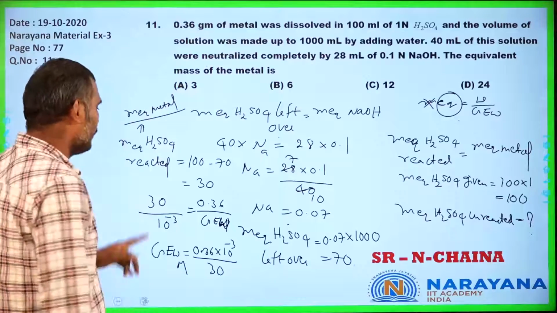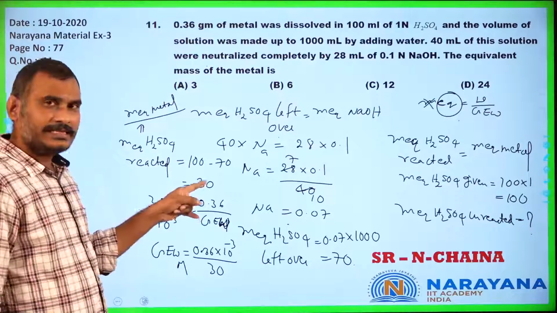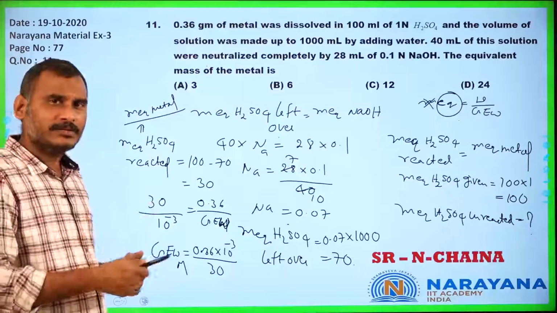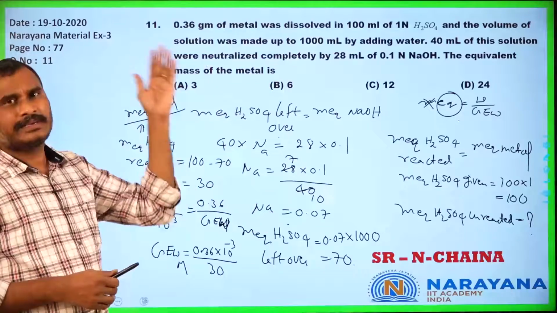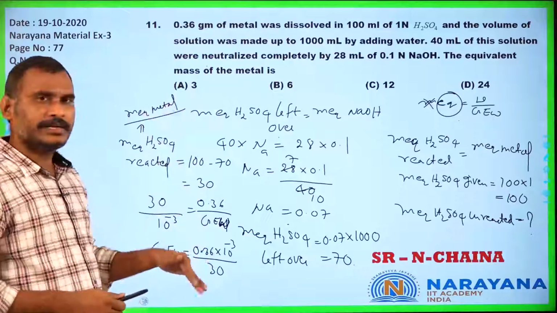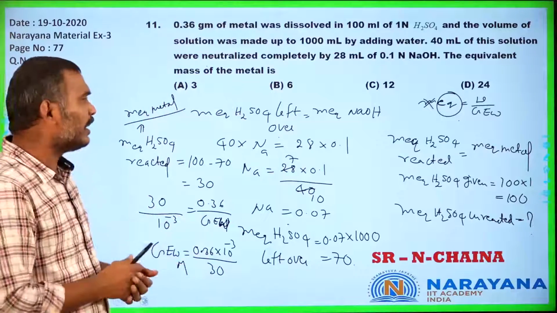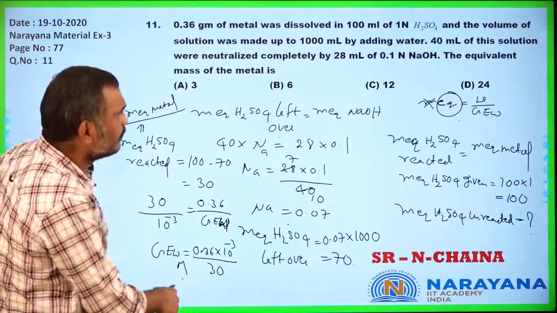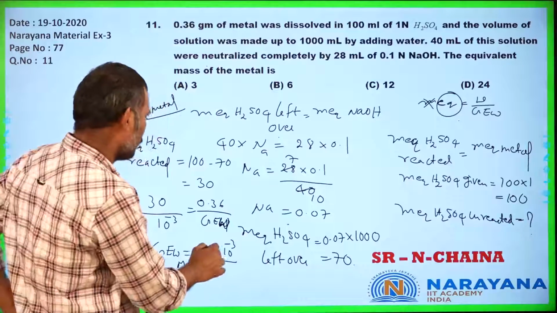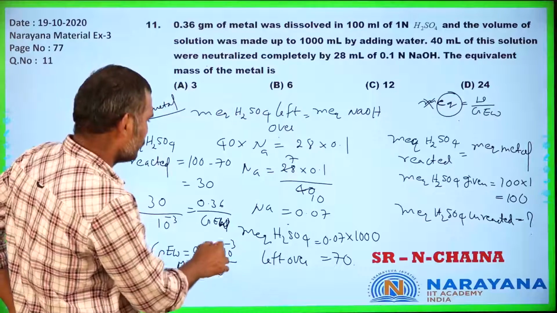Then equivalence is milli equivalence divided by 10 power minus 3. You will get the answer. 1000, no? 36 by 1000, so 360.